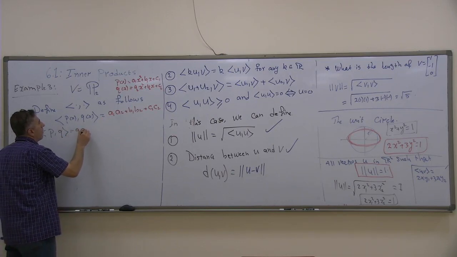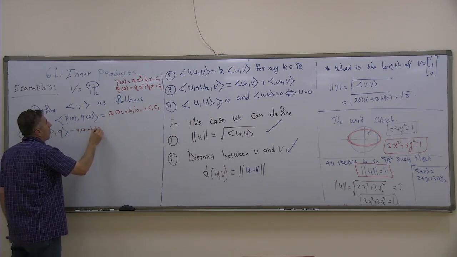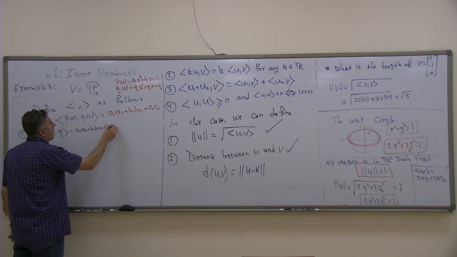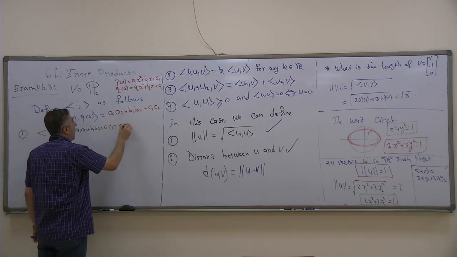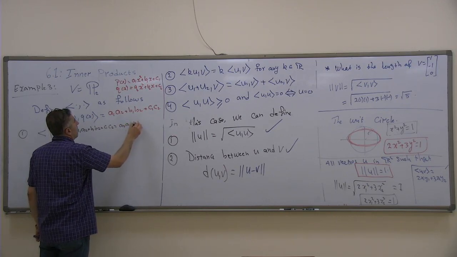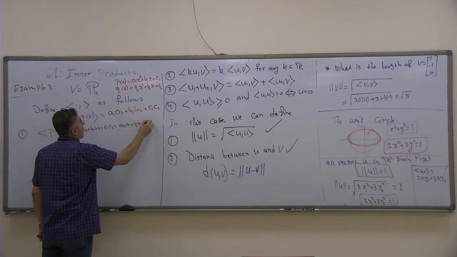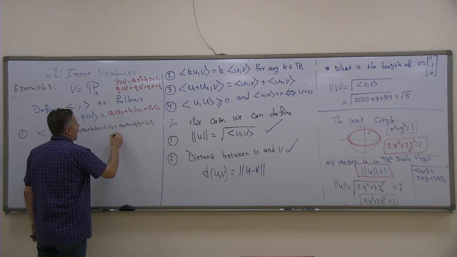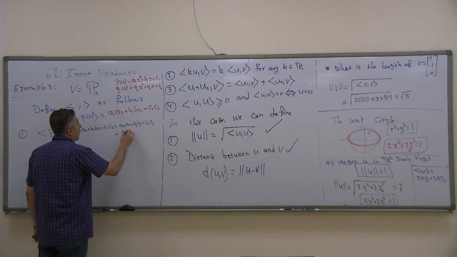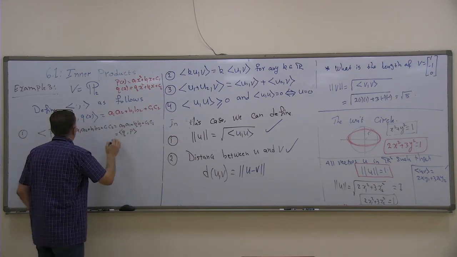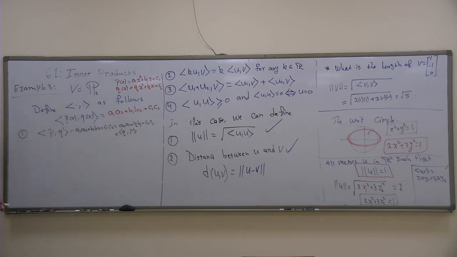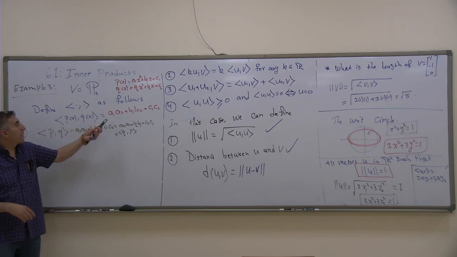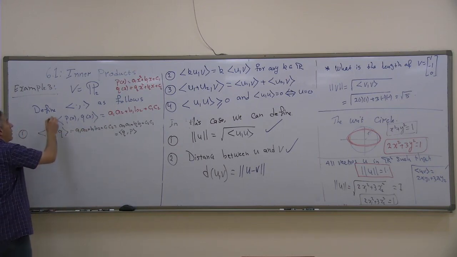A1A2 plus B1B2 plus C1C2 is going to be the same as A2A1 plus B2B1 plus C2C1. Now, what is this? This is going to be the inner product of Q and P. So the inner product of P and Q is the same as the inner product of Q and P, according to this definition.